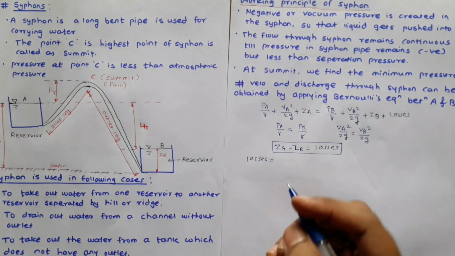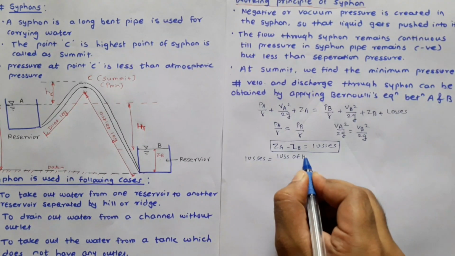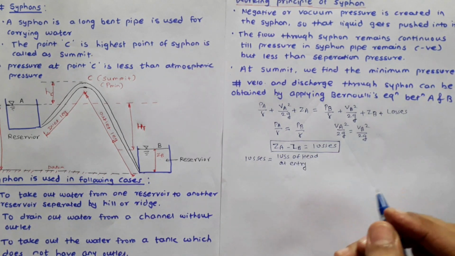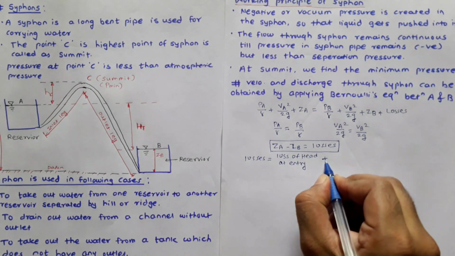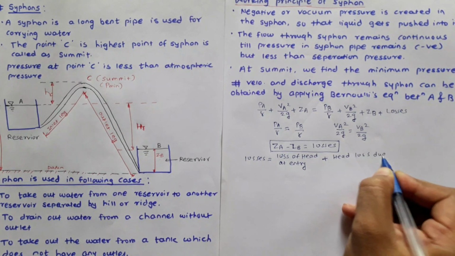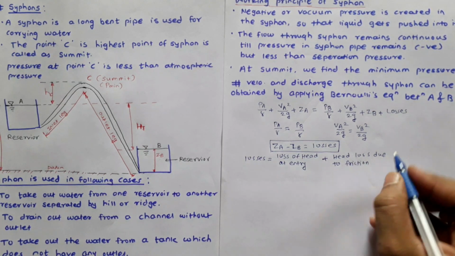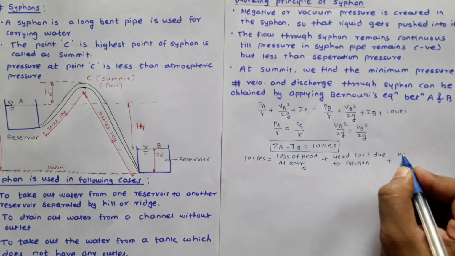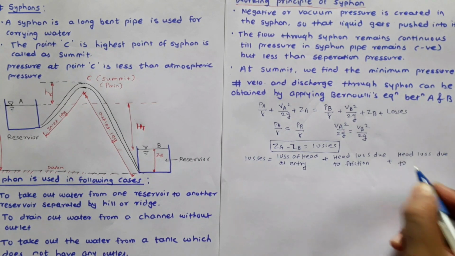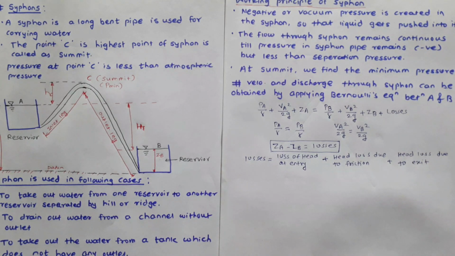The loss value is nothing but loss of head at entry plus head loss due to friction plus head loss due to exit. So three different losses are involved.